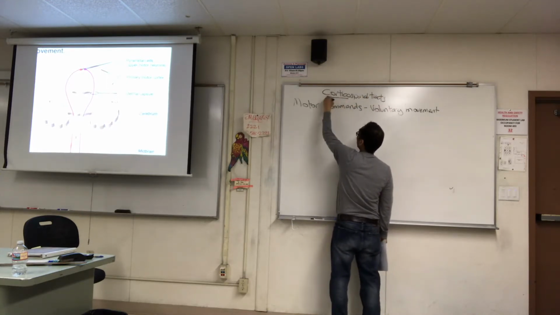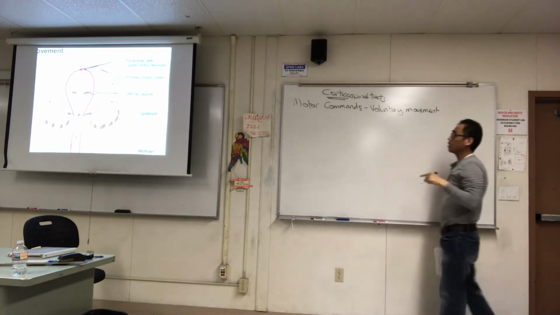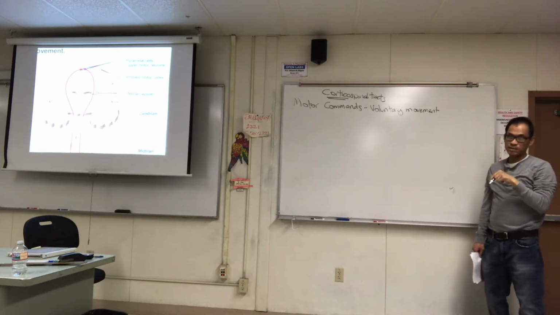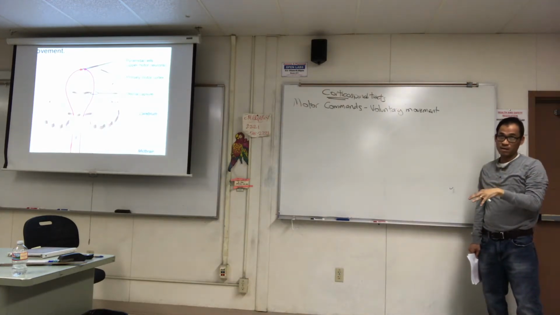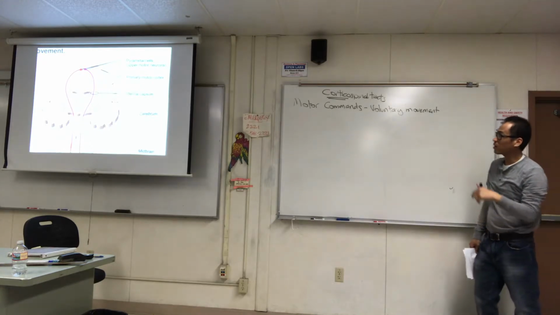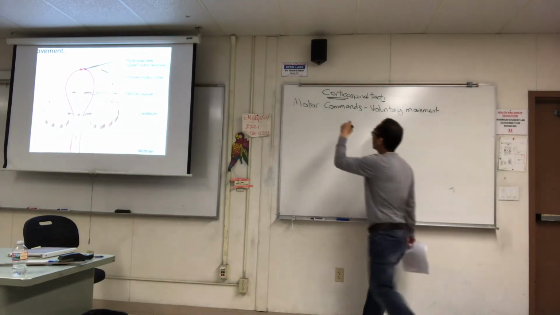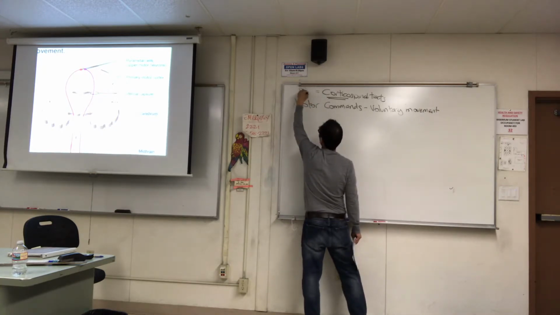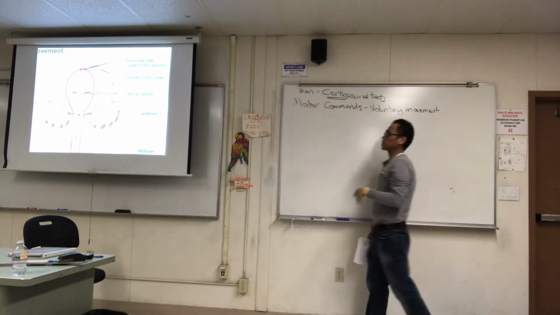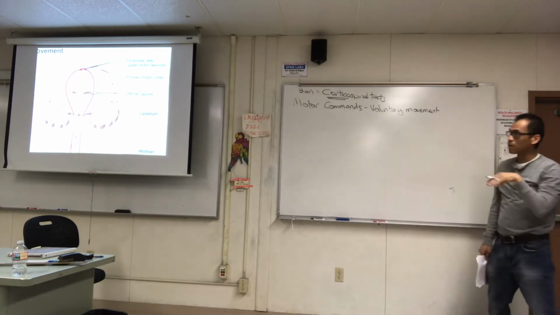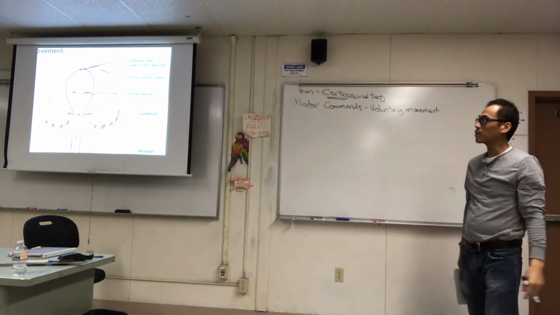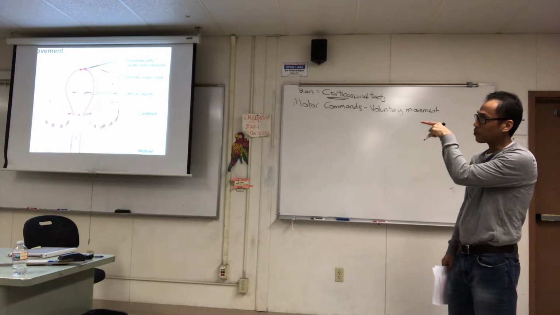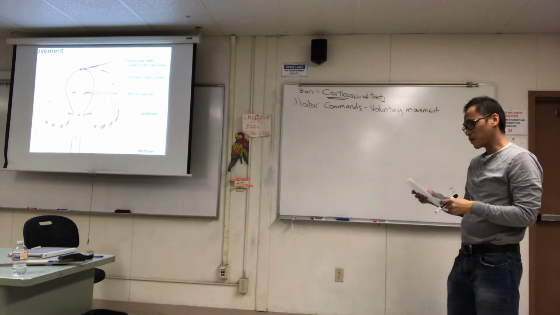Now whenever you see the prefix cortico, it means cortex. It means brain. I've come to realize that over the years. Cortico means brain, basically. The cerebral cortex, cortico. So the information starts there and it goes down to the spinal cord. So follow that upper motor neuron. It's in the cortex.